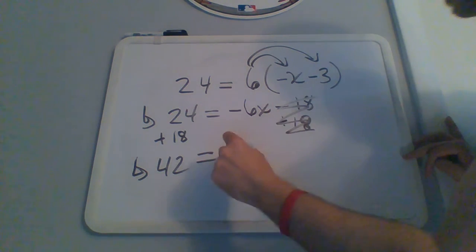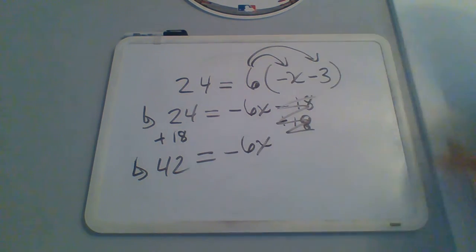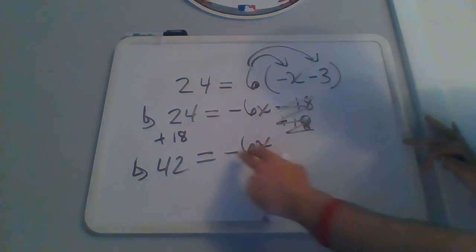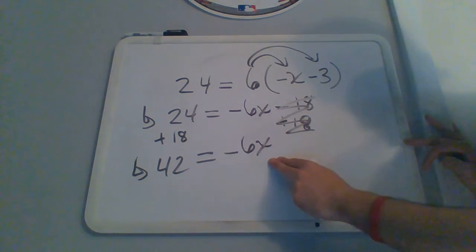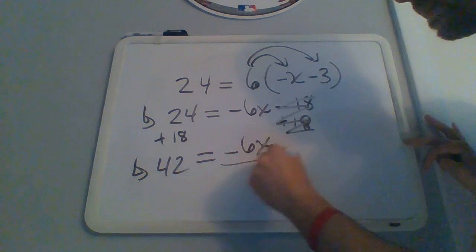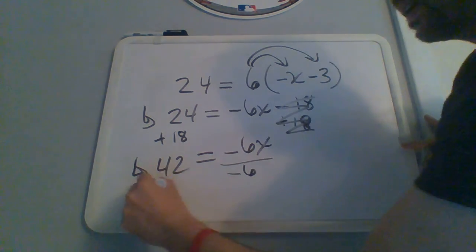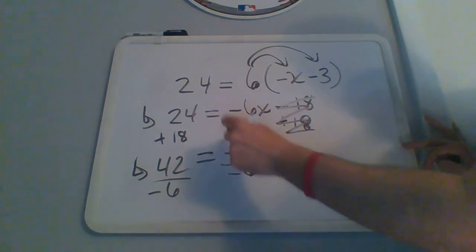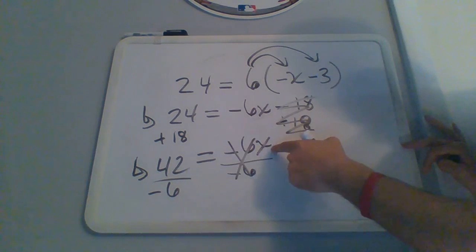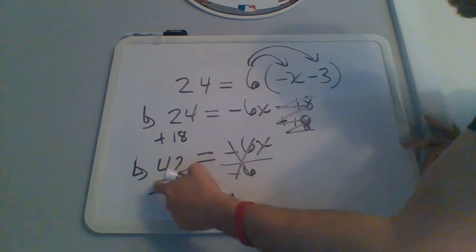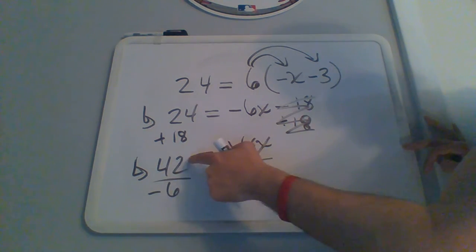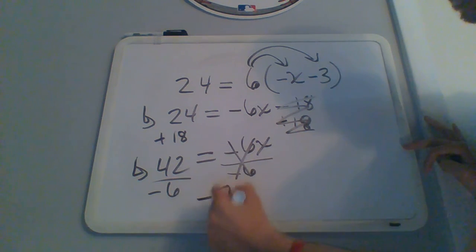So we have negative 6x left. Now whatever's attached to the variable, you need to get rid of. So if negative 6 is being multiplied to x, you need to divide to get rid of it. Negative 6 divided by negative 6 is going to be 1, which leaves us with x equals 42 divided by negative 6. Signs are different, so it's negative, and 42 divided by 6 is 7.